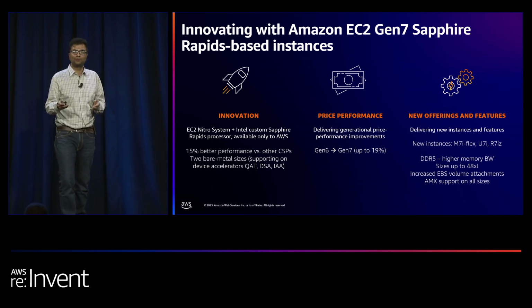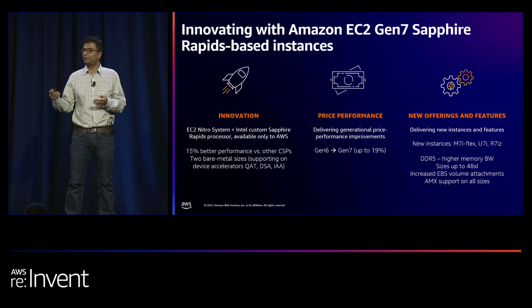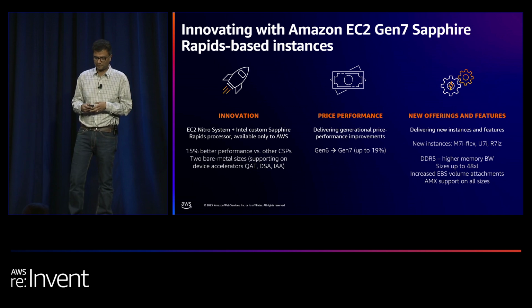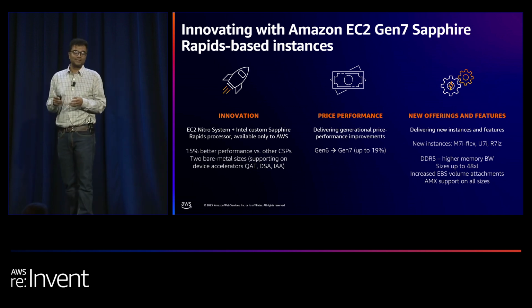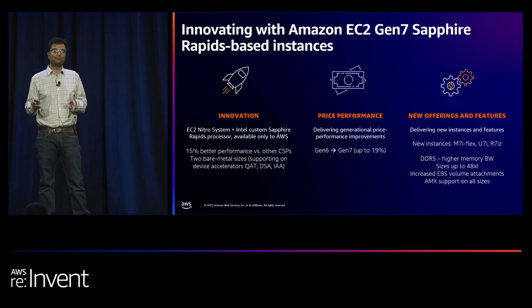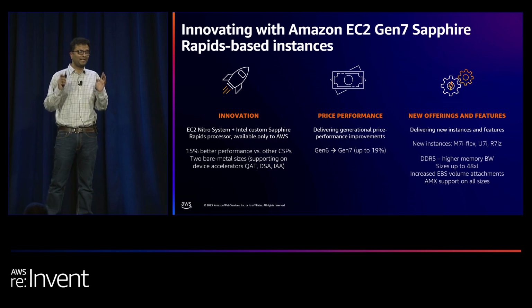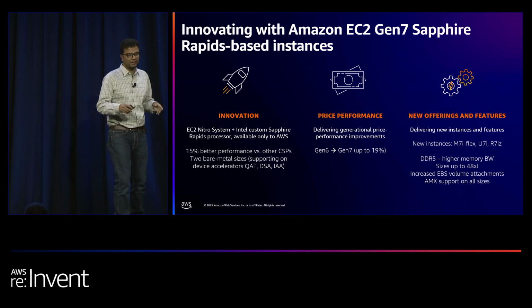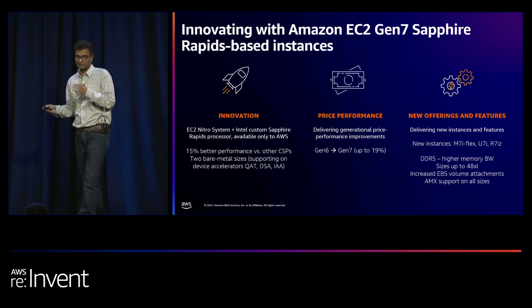So if you have a workload related to compression, encryption, or databases, you would benefit from these accelerators. Our Gen 7 Intel-based instances provide up to 19% better price performance versus the previous generation Ice Lake-based instances. And there are many new features and offerings with our Intel-based instances.